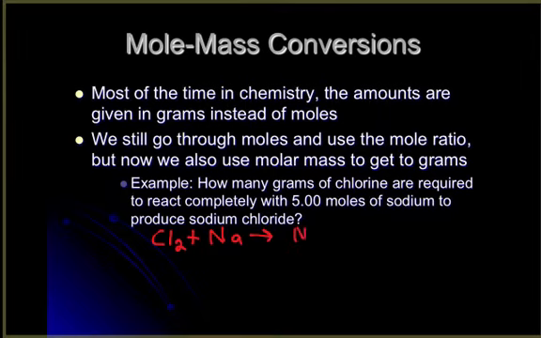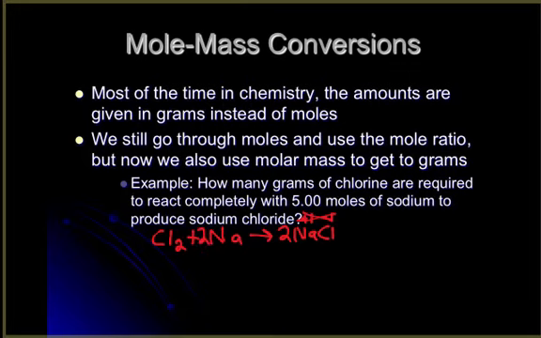I'm sorry, sodium chloride. Always remember to look at your charges so that you write the product correctly. And now go back and balance your equation. 2 chlorines on the left, 1 on the right. 2 goes in front of NaCl. And then as a result, 2 is going to go in front of Na.